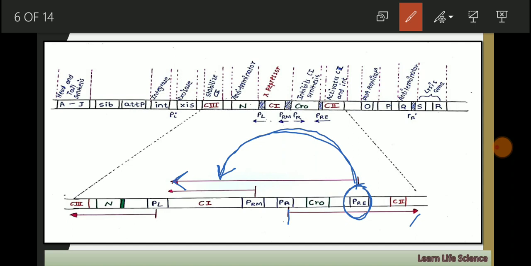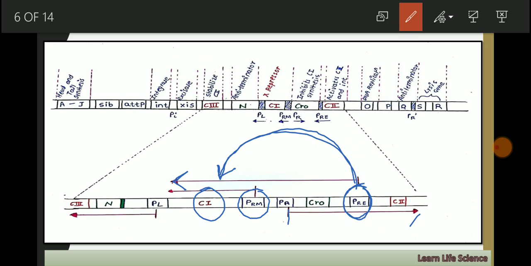Okay, and then there is also a promoter present PRM, that is repressor maintenance, and as you know with the name repressor maintenance means what? It is going to maintain the level of repressor, that is our C1. So, two promoters are involved in synthesis of the repressor C1.